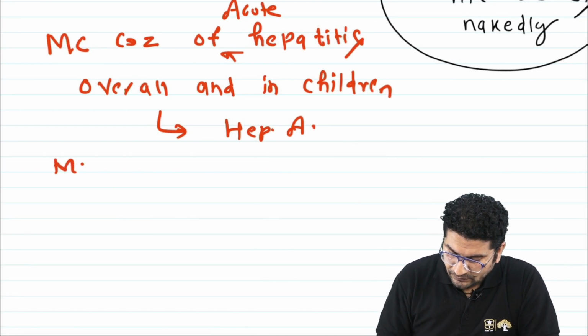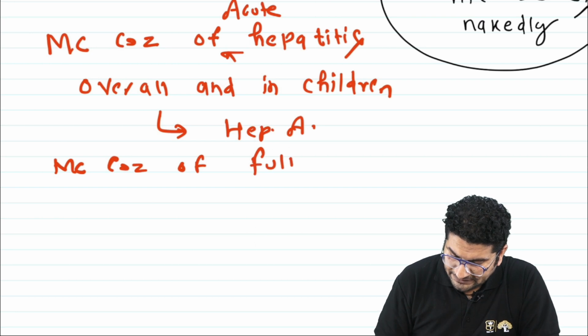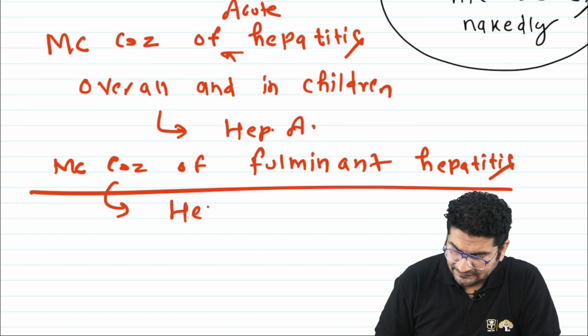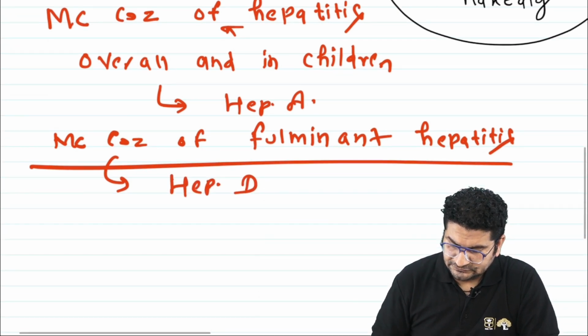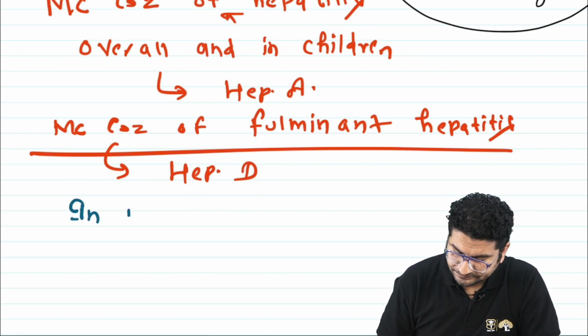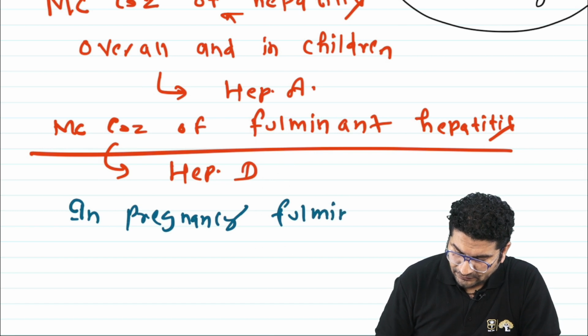If I say the most common cause of fulminant hepatitis, meaning the patient is having acute liver failure, remember, the answer is hepatitis D. But if I add the pregnant population, which causes fulminant hepatitis in pregnancy? Remember, this is hepatitis E. In pregnancy, hepatitis E is the most common cause of fulminant hepatitis.